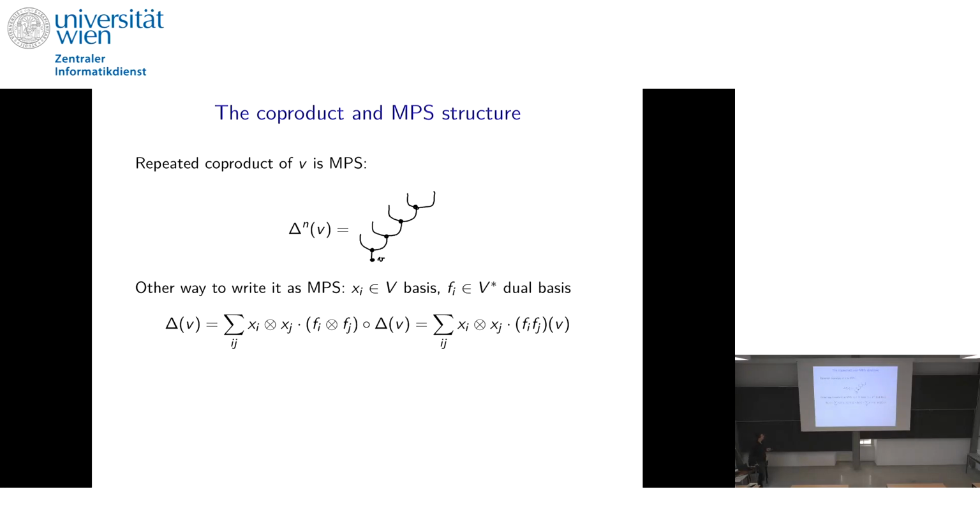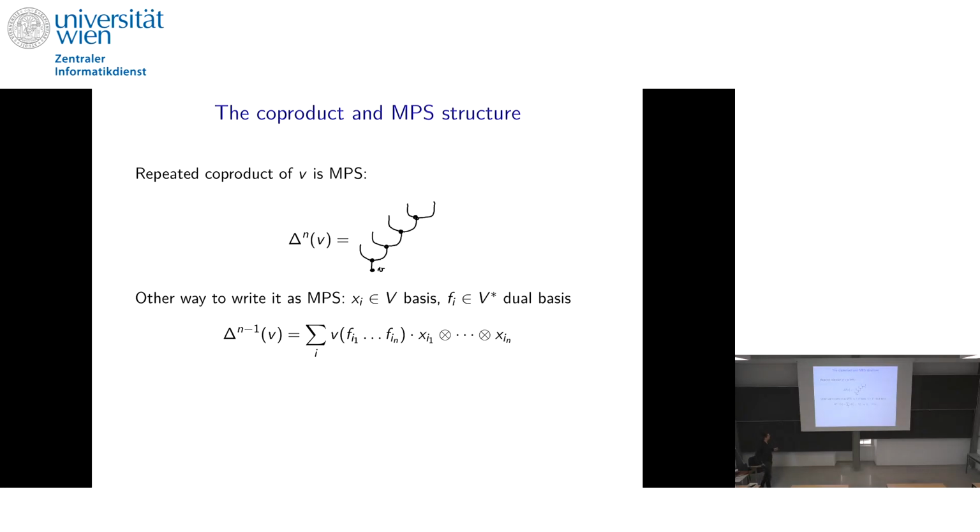So now I can repeat this, and I can take n-1 repeated coproducts of the vector v. And then what I will get is that I can write it as the sum over x_{i1} tensor and so on x_{in}. So these are basis elements of the vector space times the coefficient that has this very special form: you take the linear functionals f_{i1} and so on f_{in}, you multiply them, and this whole thing acts on the vector v.